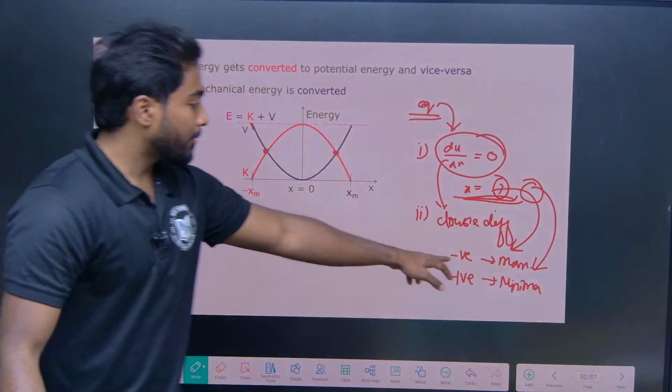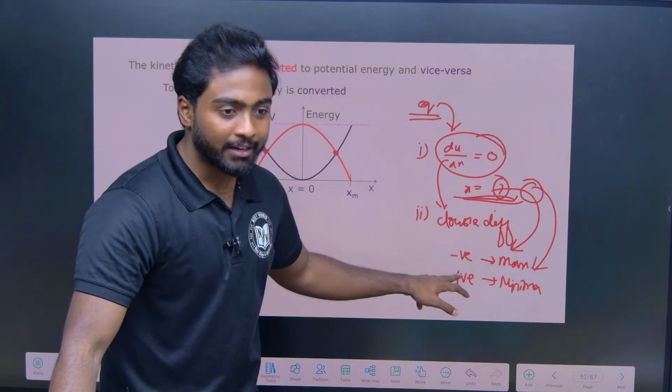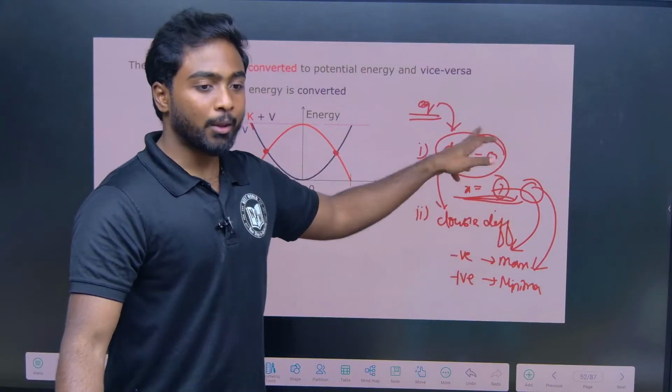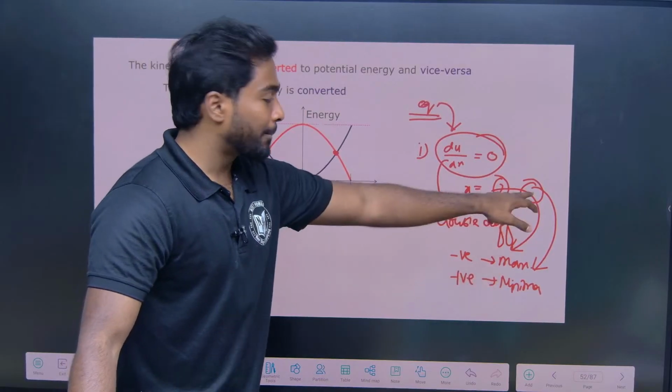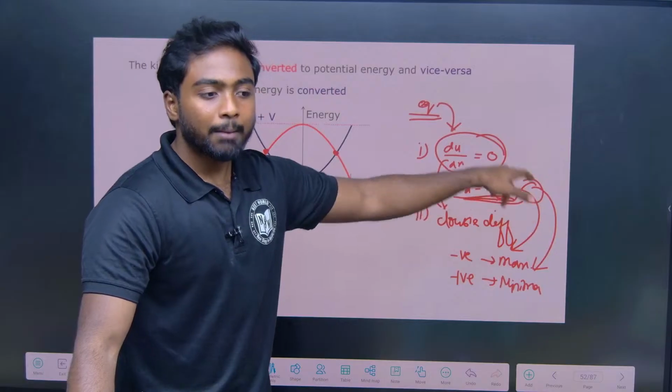So if I want maxima, the value should be negative. If I get a positive value at a particular point, I get minima.